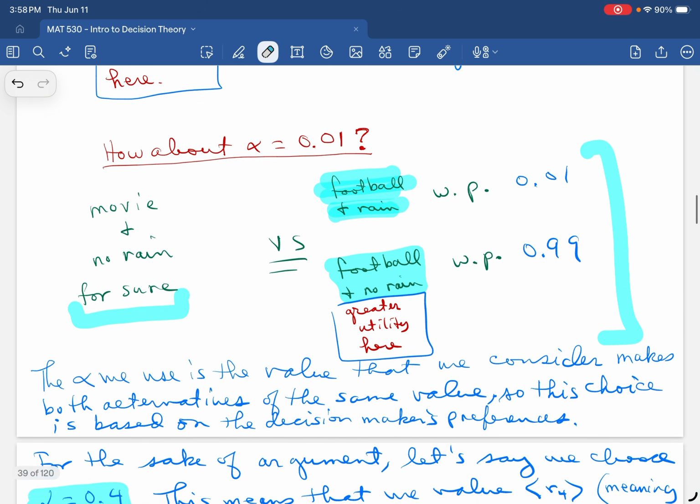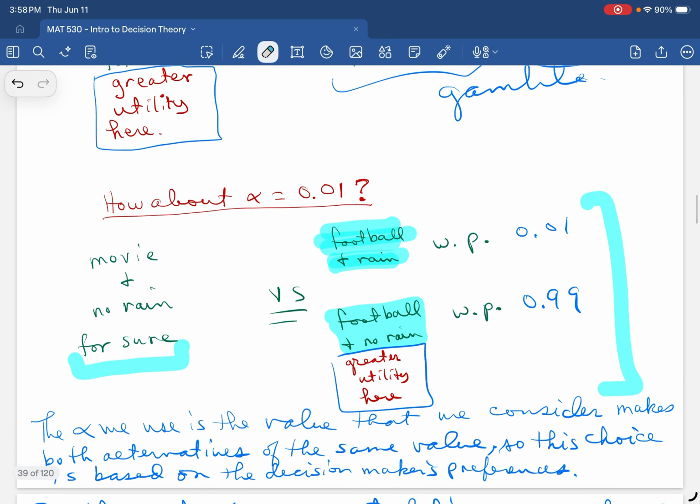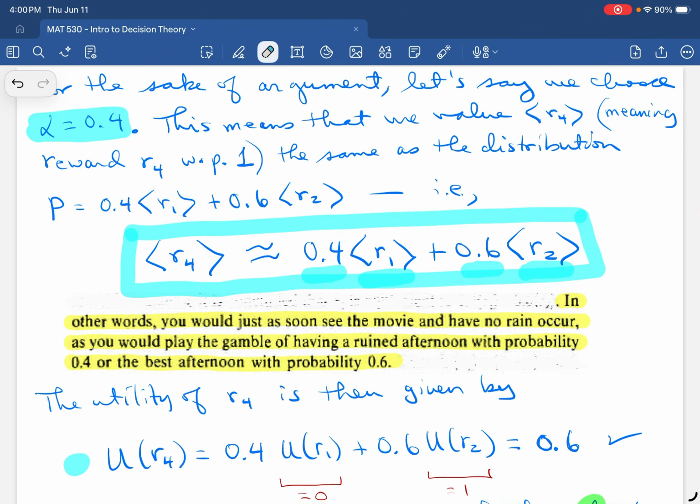And of course, which alpha you pick is your own preference. That depends on the specific decision maker. For the sake of argument, let's say that our choice of alpha is 0.4 here.